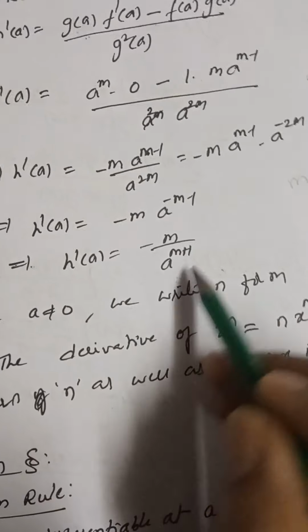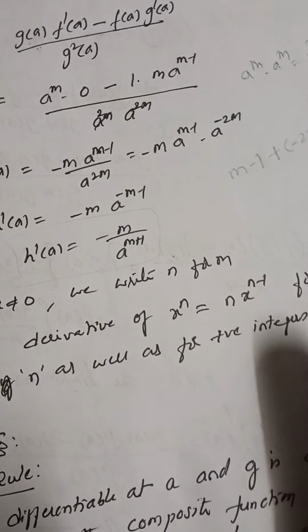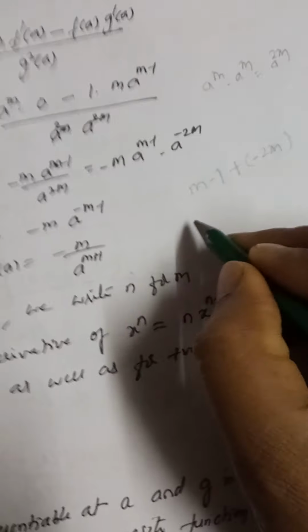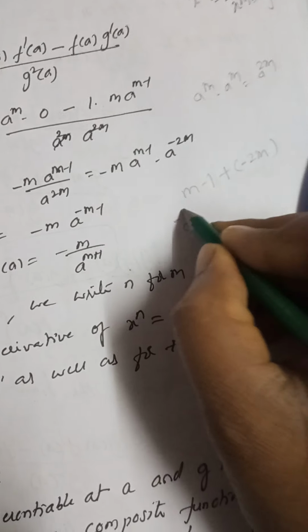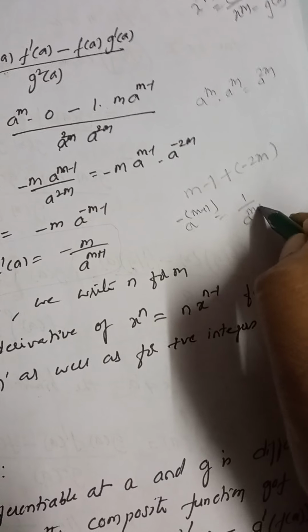Therefore h dash of a is equal to minus m by a to the power of m plus 1, which can be written as minus m into a to the power of minus of m plus 1.